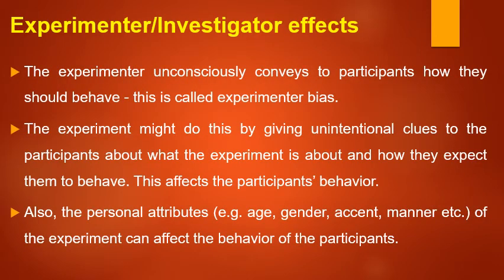The next one is experimenter or investigator effects. It is based on the researcher. The experimenter unconsciously conveys to participants how they should behave. This is called experimental bias. This is an expectation of the researcher during the conduction of the study. We should not disclose what we are expecting from the sample, right?